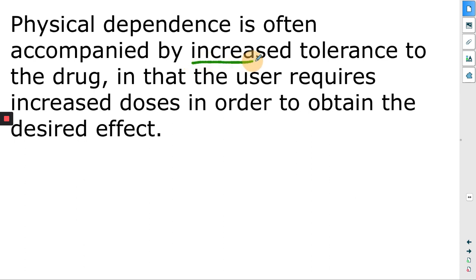So you can see very clearly there's no separation in the literature between dependence and tolerance. And so what we find here, of course, tolerance is this idea that we tolerate. Now what we're becoming tolerant towards is the drug or the addictive behavior.